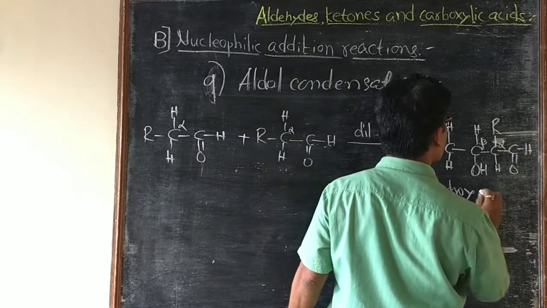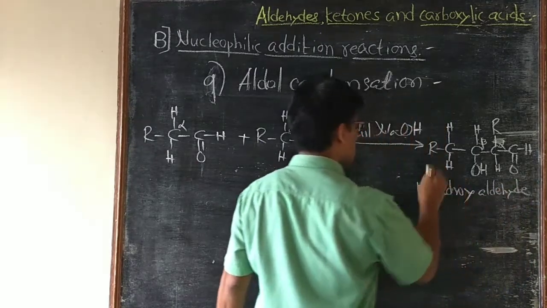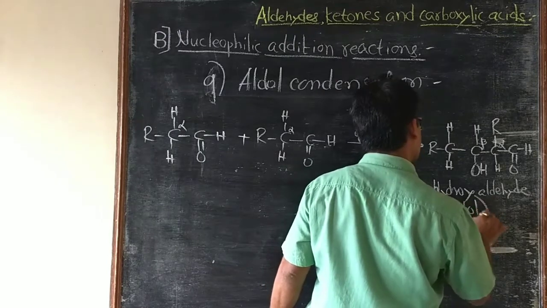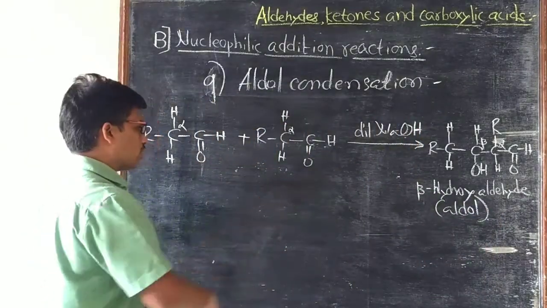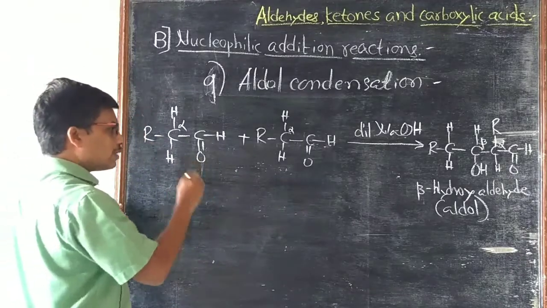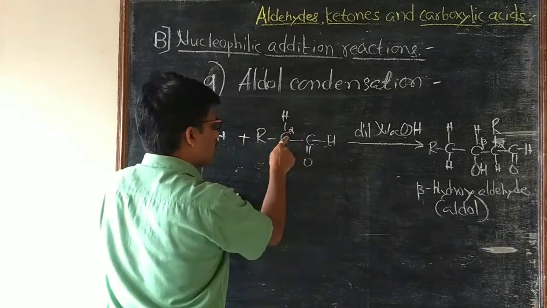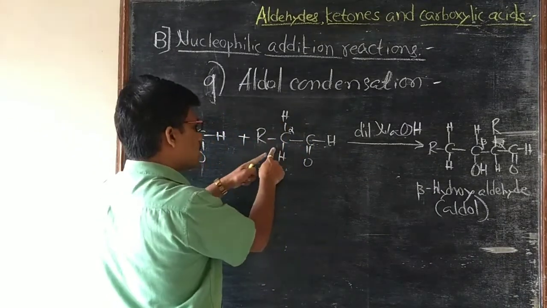This beta hydroxyaldehyde is also called aldol, and this reaction is called the aldol reaction. In this case, this carbon is the alpha carbon, and the hydrogens attached to the alpha carbon are alpha hydrogens.